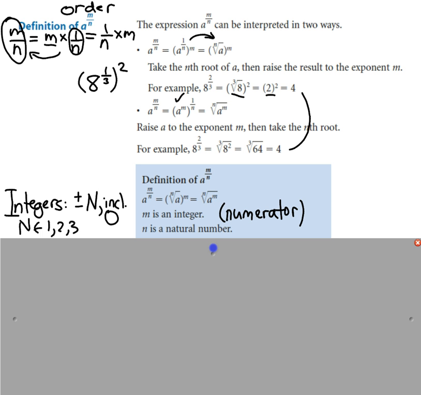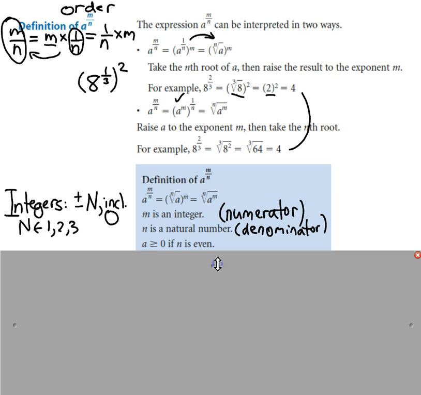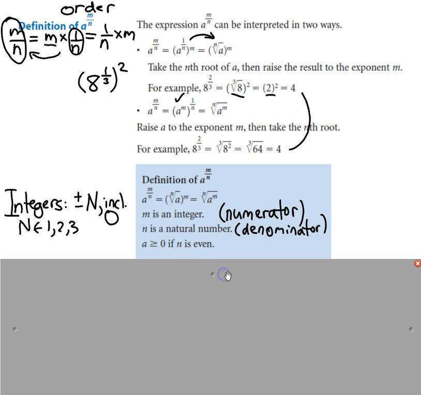So the denominator, okay, the n, is going to be a natural number. But the numerator can be an integer. And again, as I mentioned before, it's best to just say that a is going to be a positive value for our purposes here. Okay.